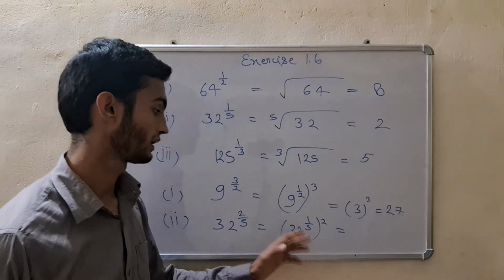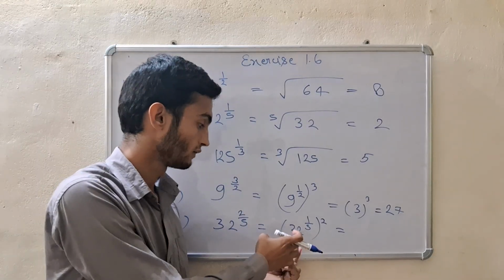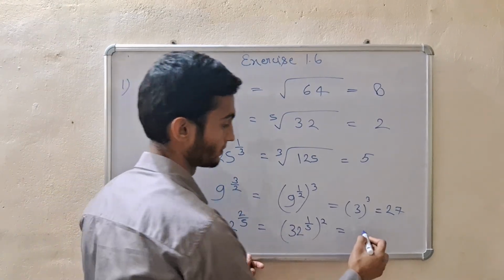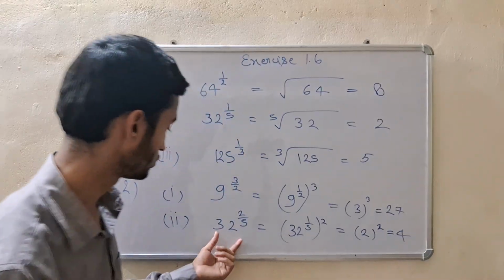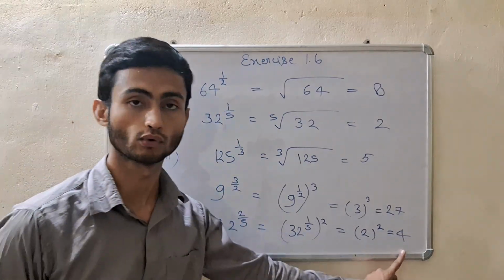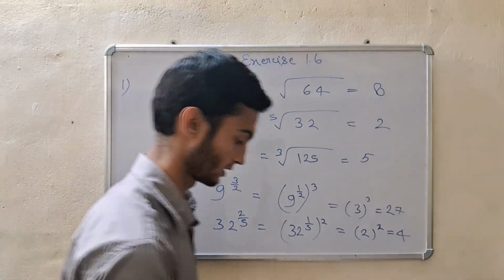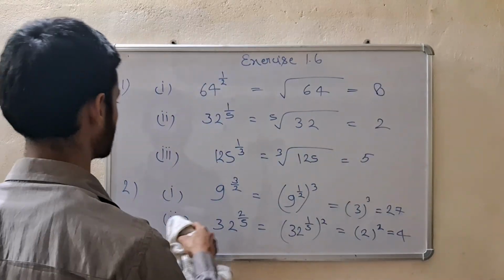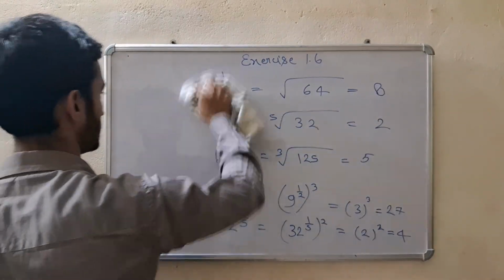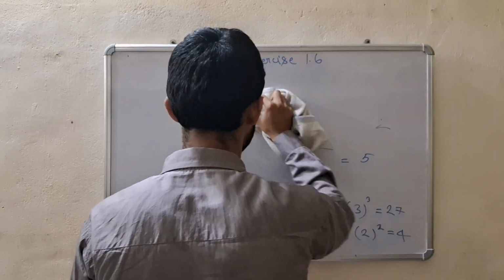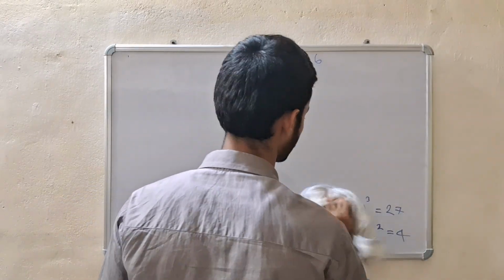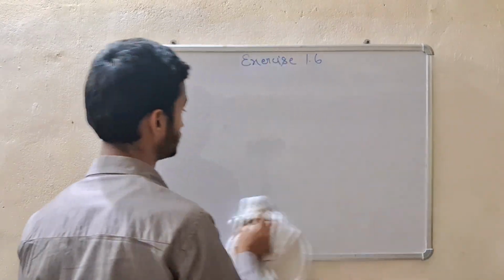We have just found what the fifth root of 32 is. It is 2. So 2 squared becomes 4. So 32 to the power of 2 upon 5 is 4, right? So this is how we find these numbers. Or simplify, you can also say we are simplifying them. They are already numbers, but we are just simplifying to get the reduced form of it.